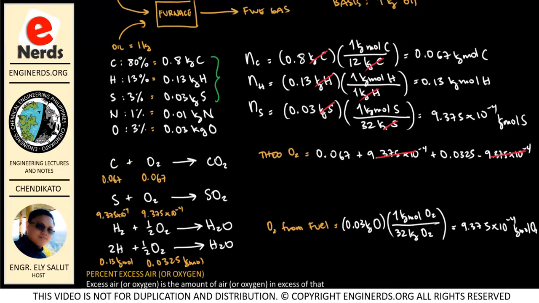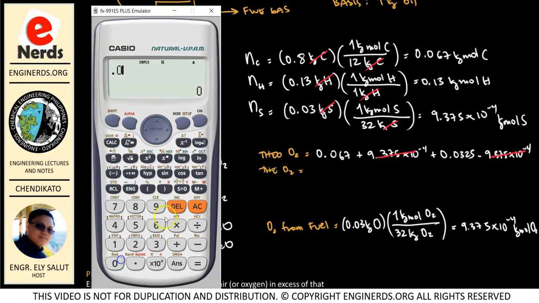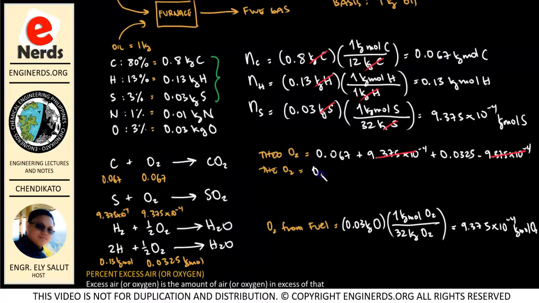So, our theoretical O2, therefore, is equal to 0.067 plus 0.0325. So, 0.0995 kilogram mole of theoretical O2.